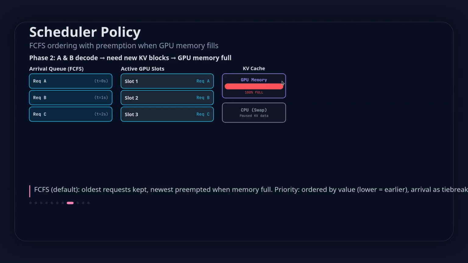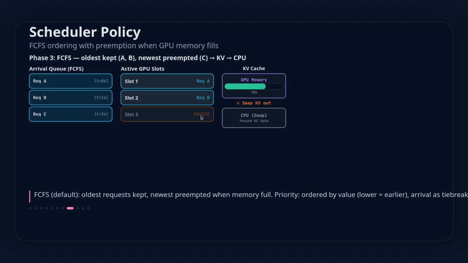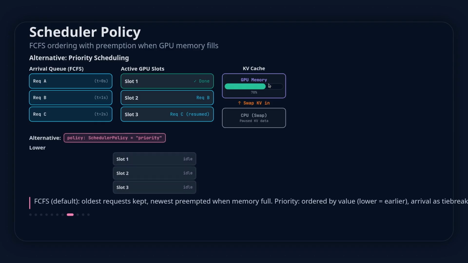Now what happens when it gets full? As we use the first come first serve policy, one of these requests, the last one that arrived, C at the time of 2 seconds, will be preempted, so swapped to the CPU, and we stop using its KV data so we can finish the first request. Now when it finishes, slot 3, so request C, is resumed because we have free GPU memory, and so on.